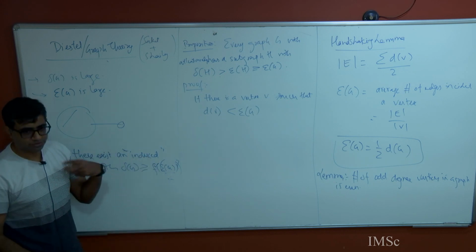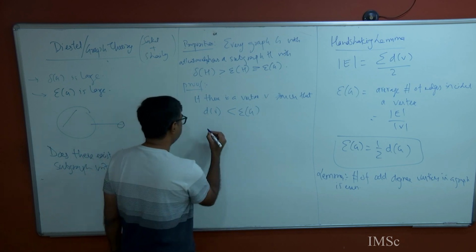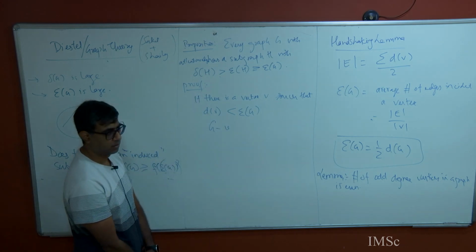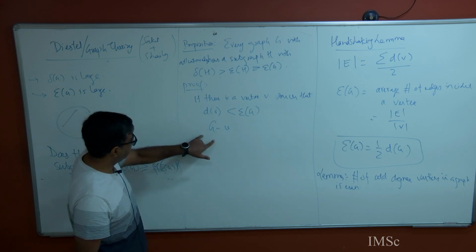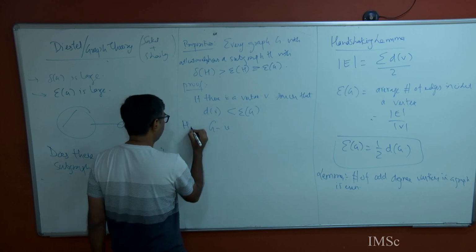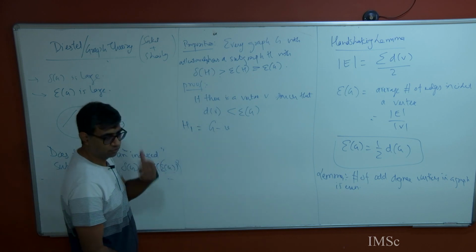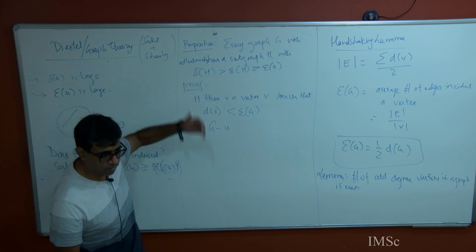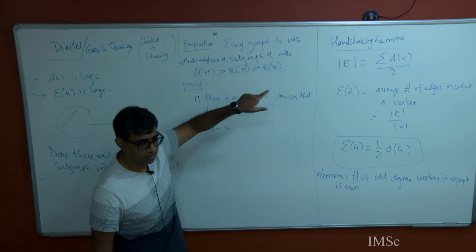Right? So now let's try to understand. Suppose for this V, I take G minus V. Let's consider G minus V. Does it satisfy the property? Suppose this is my intermediary step, H1, which is G minus V. I want to construct my H with some property, right?